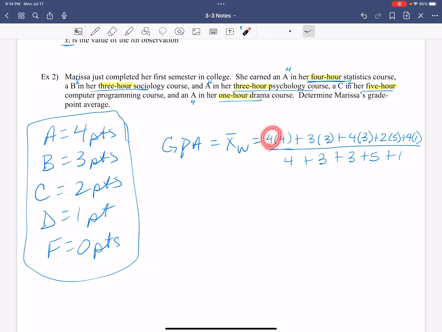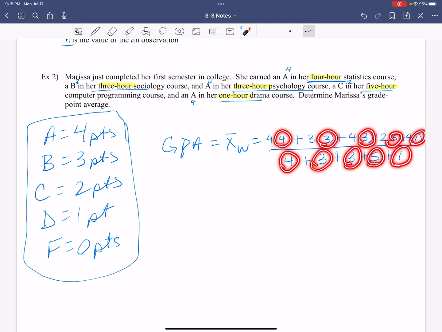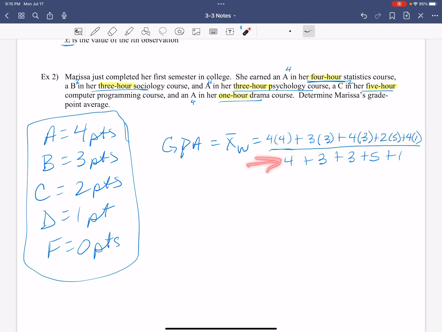So the 4 is 4. The 3 is a 3. The 3 hours weighted of class is what we're looking at. All right? And that's your weight. Okay, good. All right. So literally just add that up.